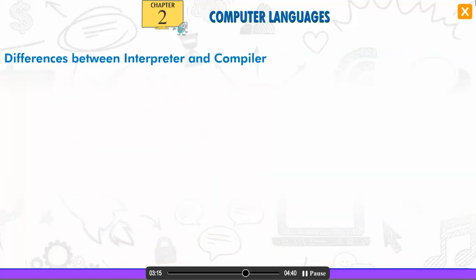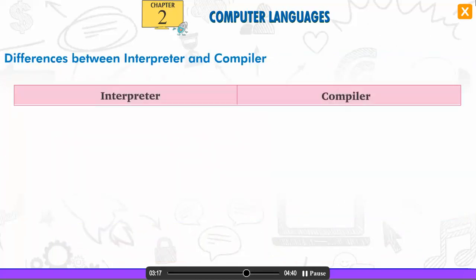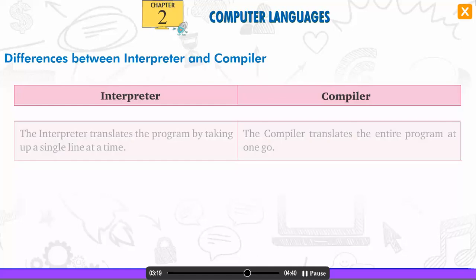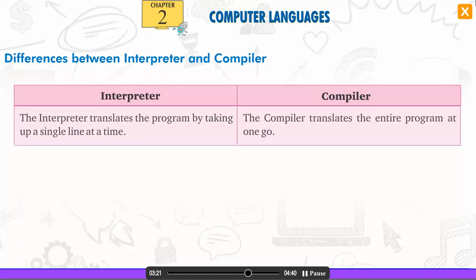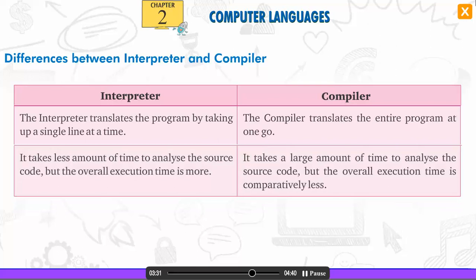Differences between interpreter and compiler. The interpreter translates the program by taking up a single line at a time. The compiler translates the entire program at one go. The interpreter takes less time to analyze the source code, but the overall execution time is more.